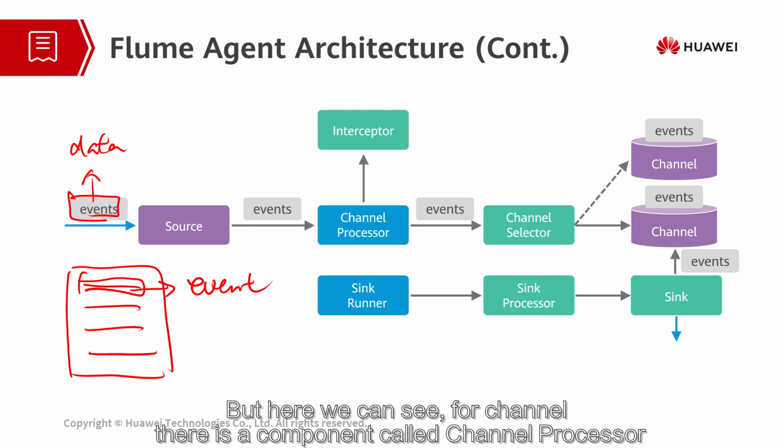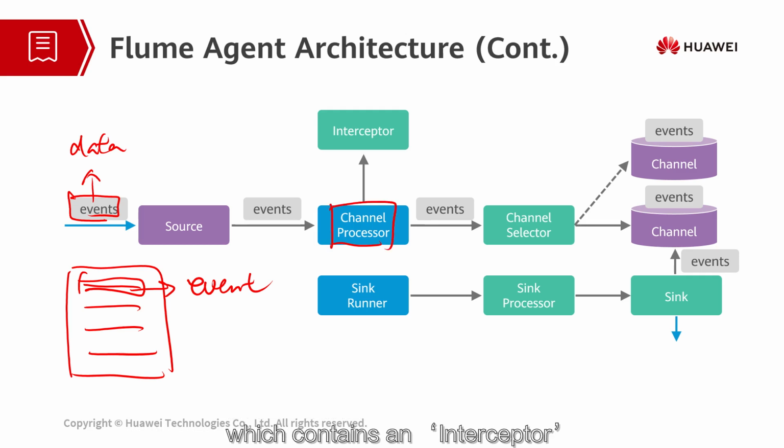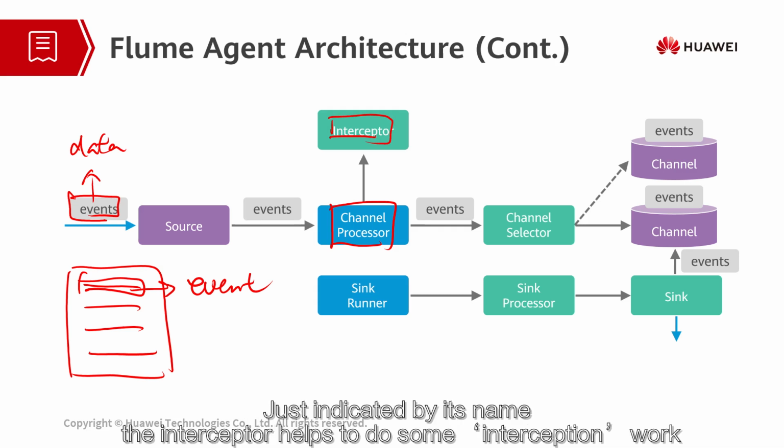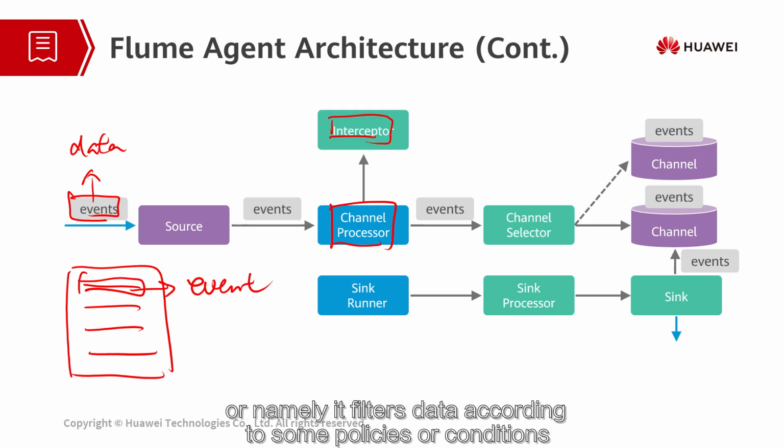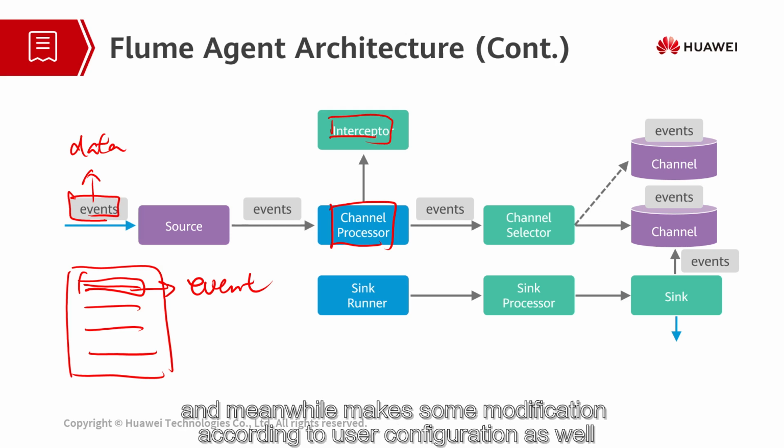But here we can see for channel there is a component called channel processor, which contains an interceptor. Just as indicated by its name, the interceptor helps to do some interception work, or namely, it filters data according to some policies or conditions and meanwhile makes some modifications according to user configuration as well.